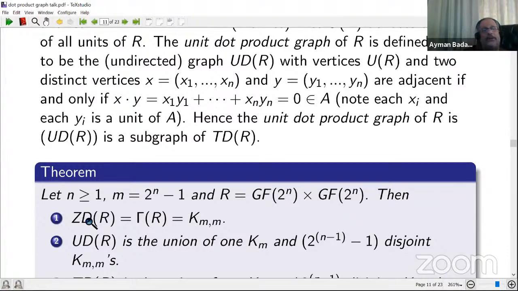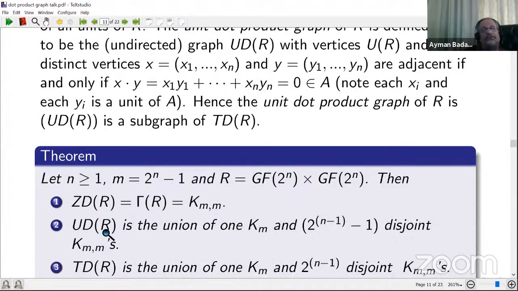The zero dot product will be the same as the classical zero divisor graph, and that will be KMM for a product of 2 finite fields of characteristic 2.